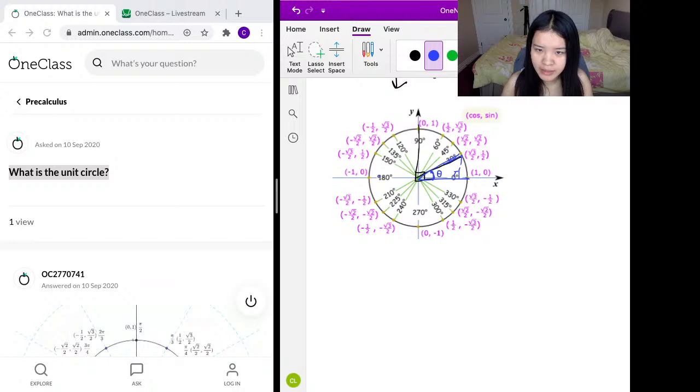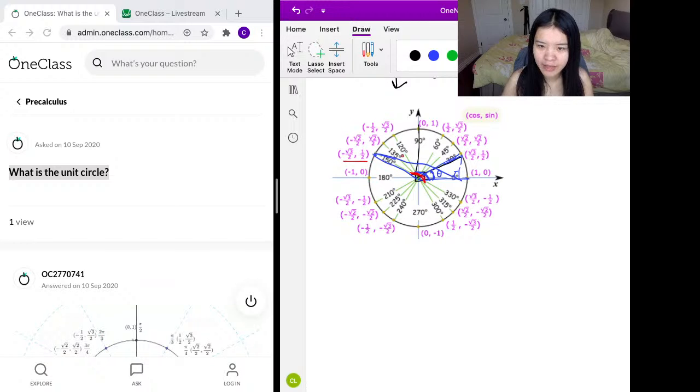You could also notice that right over here, the angle is 150 degrees. The x value, or the cosine value, would be -√3/2. The y value on the circle, or the sine of 150, would be 1/2.